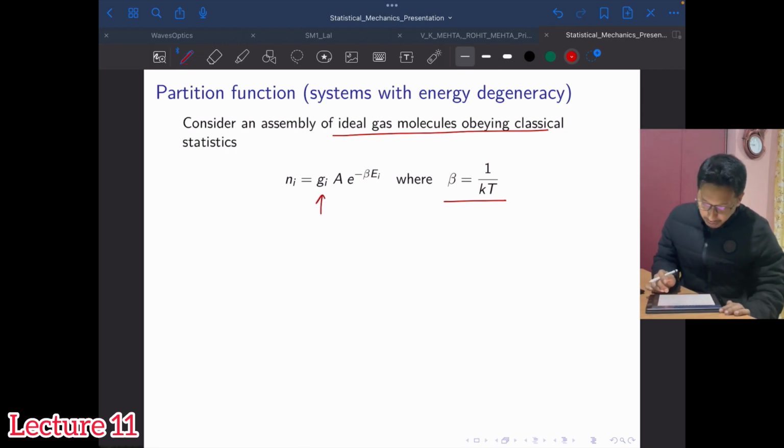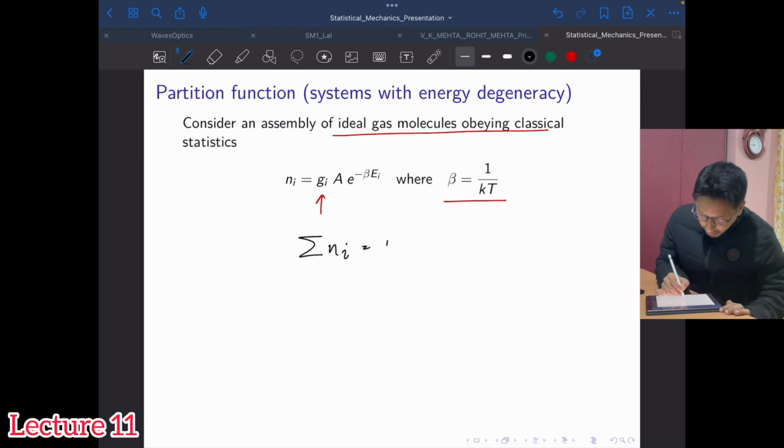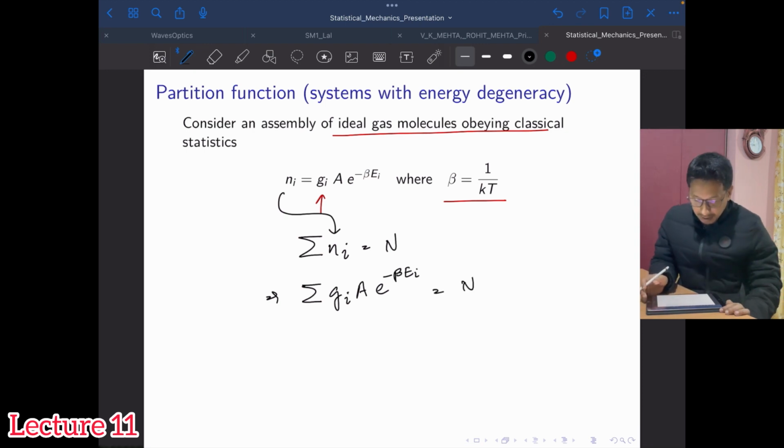All right, so how do I write this? To proceed, as earlier, we know that the sum of Ni gives the total number of particles, N. So if I substitute Ni here, I get Gi A e to the power minus beta epsilon.